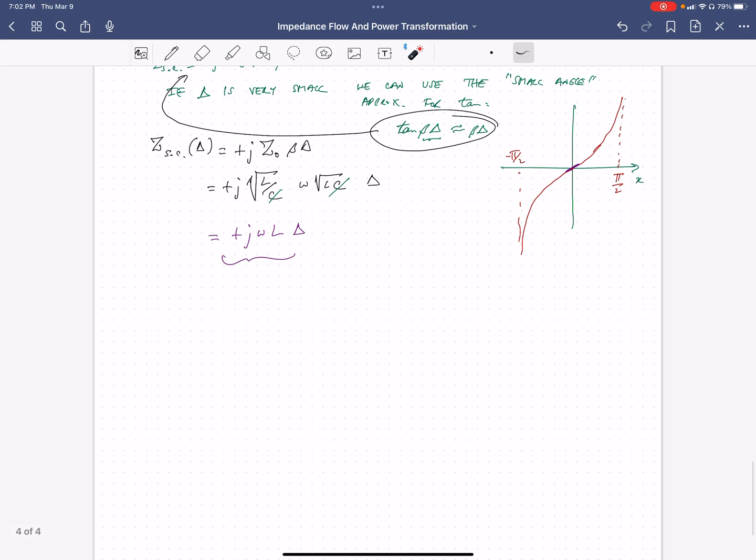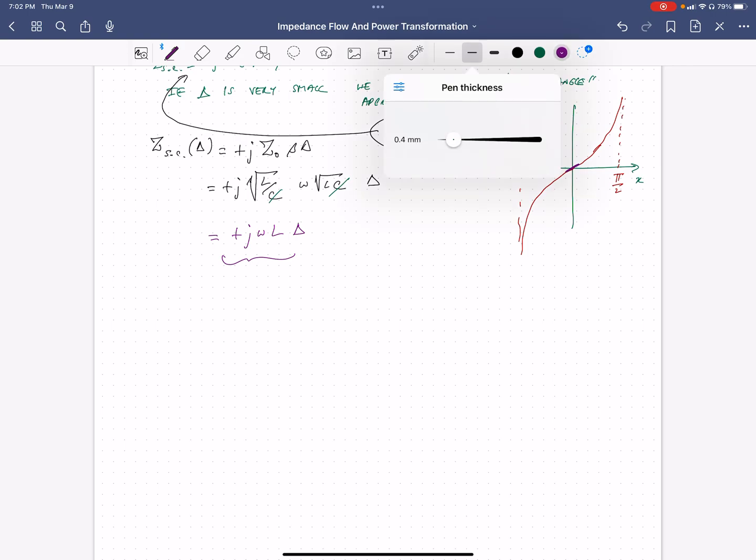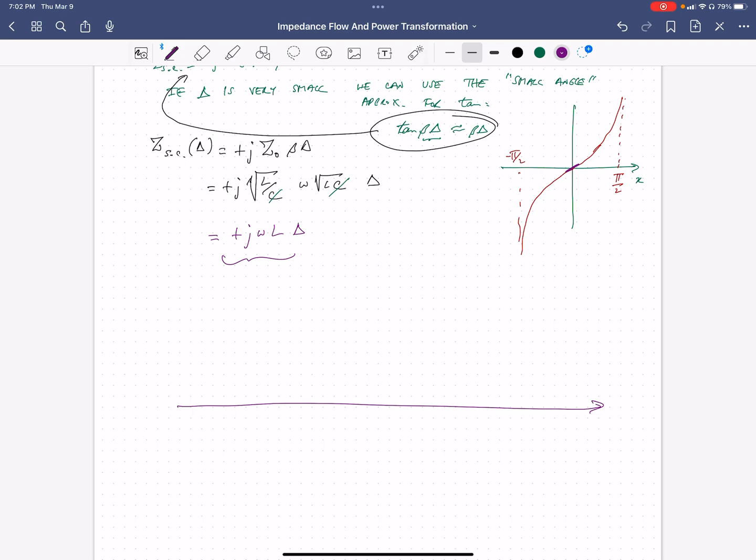Okay, so if I plot this in terms of impedance, if I plot beta L and I plot the Z in for short values of the transmission line, up to about pi over 2, I'm going to look like a purely inductive load.